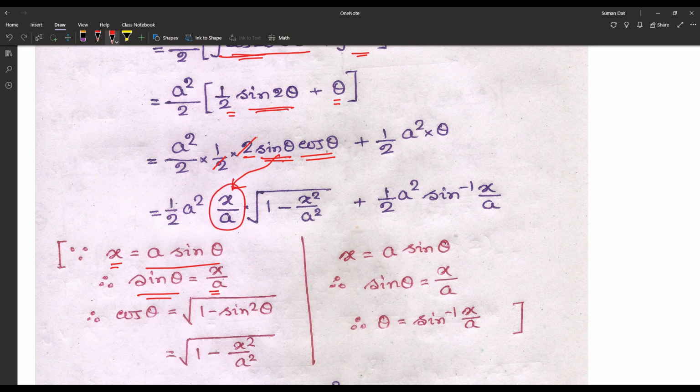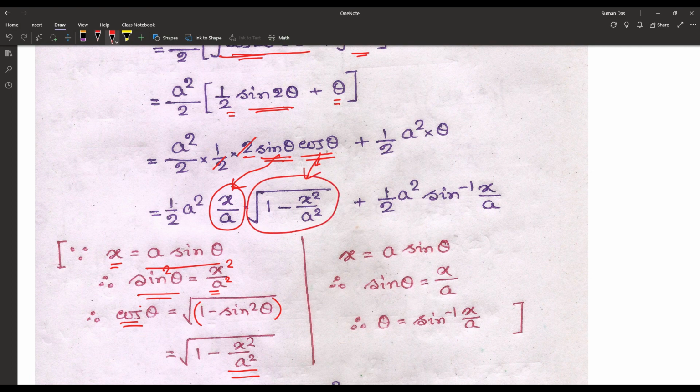Now for cos theta. Cos square theta is equal to 1 minus sine square theta, and sine square theta is x square by a square. So cos theta is equal to the square root of a square minus x square over a, and that's why cos theta is equal to that part.